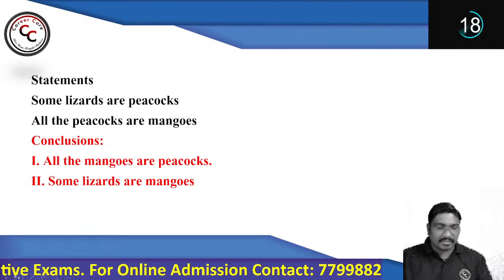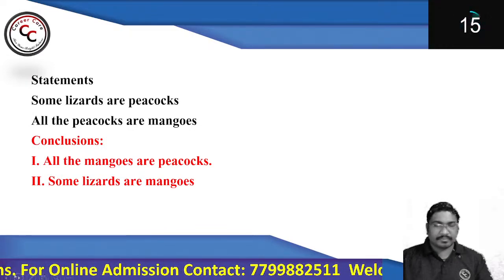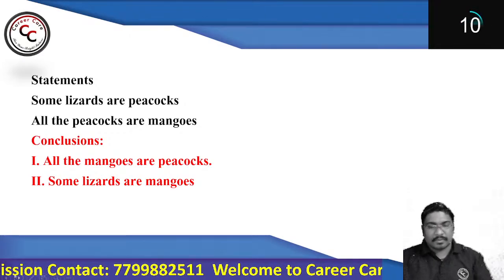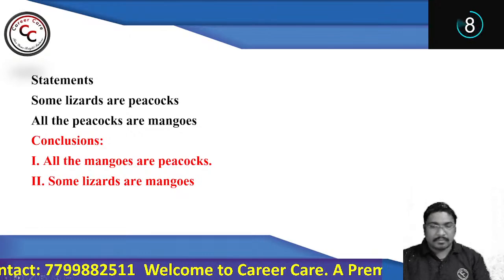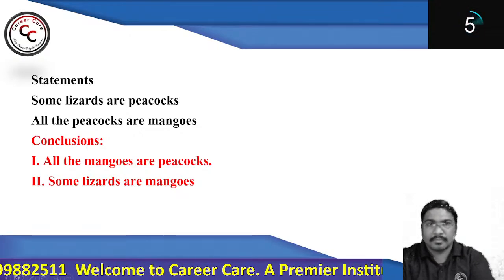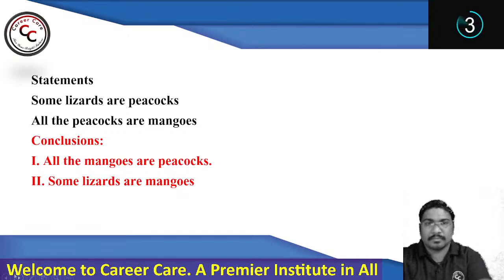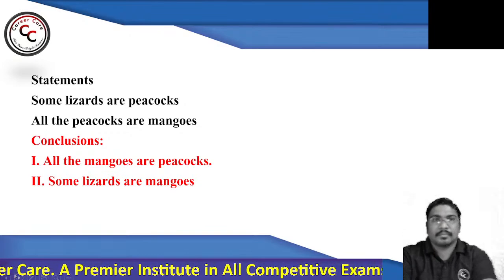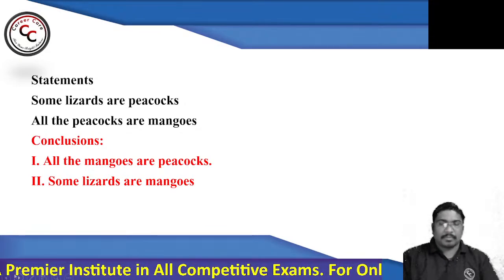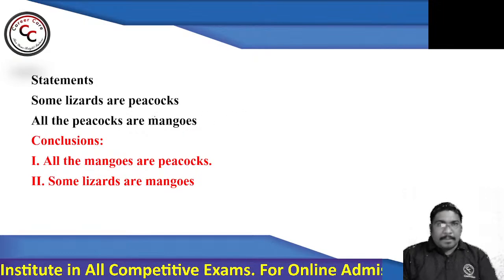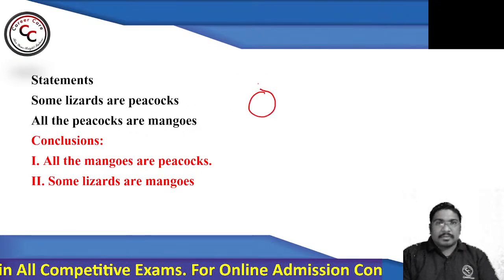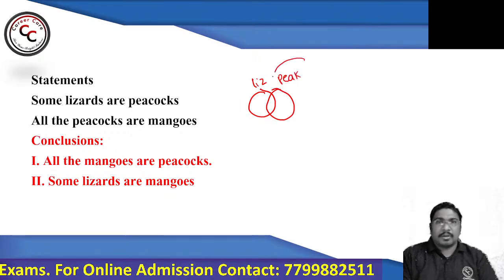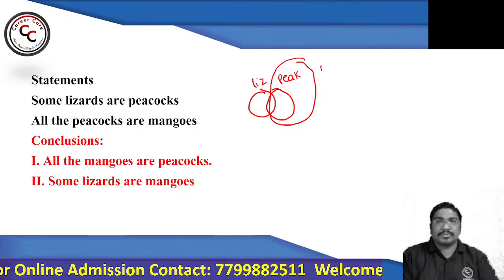Go for next question. Let's see what does your answer say. So some lizards are peacocks, and all the peacocks are mangoes.